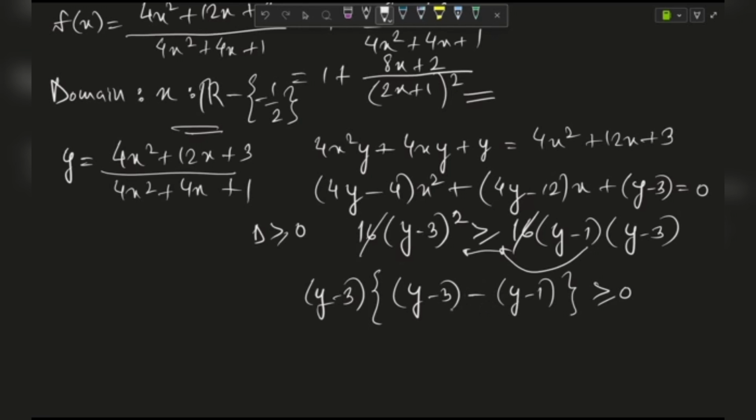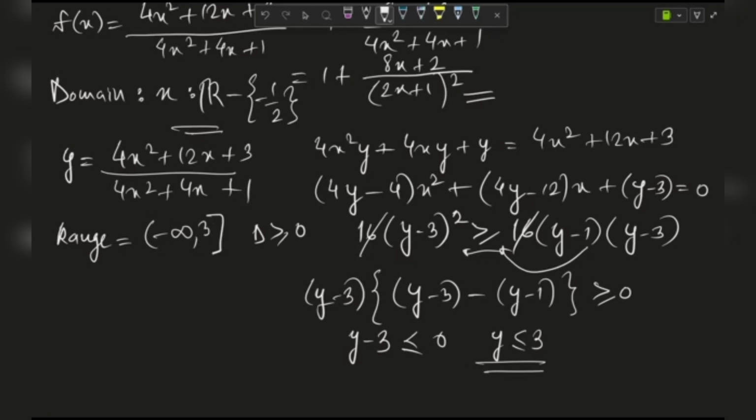So y is less than or equal to 3, and the range of this function is minus infinity to 3.